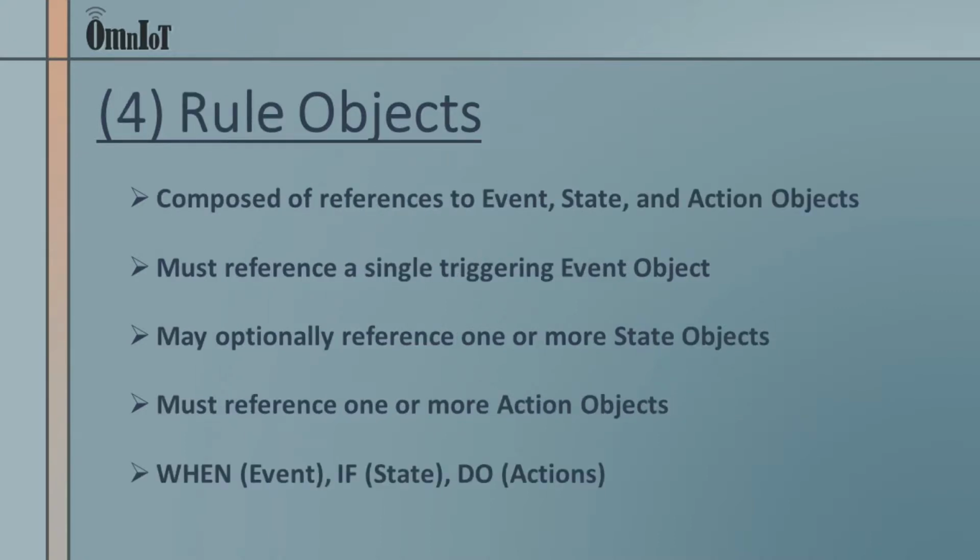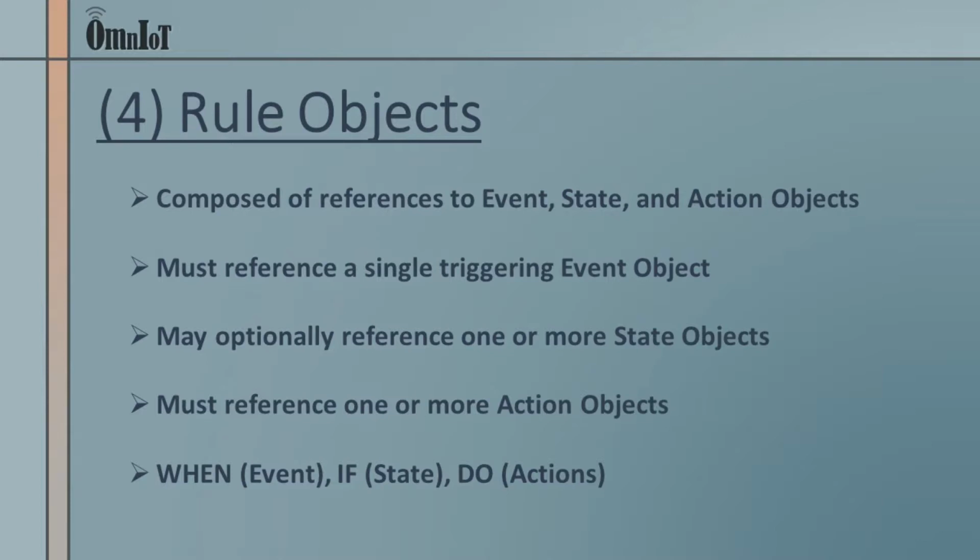Rule objects are at the heart of all SoftHub processing and are composed of references to the previous 3 object types we've just described. Each rule object will have exactly one event object reference. This is the event that will trigger the evaluation of the rule object itself. Next, a rule object may optionally reference one or more state objects.